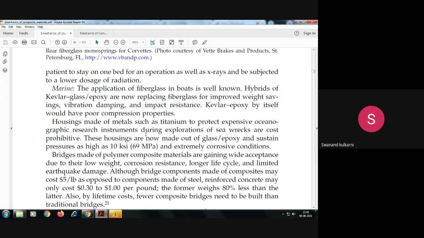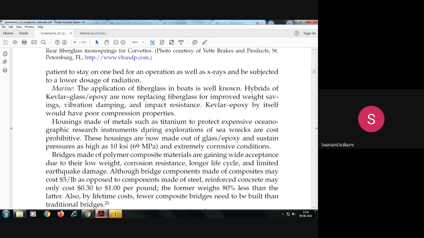We are going to observe the manufacturing processes of the composite material later on. During the manufacture of the composites, we will observe in detail how the composites are manufactured. But before that, from the application point of view, Kevlar glass epoxy is one hybrid composition, and the hybrids of Kevlar and glass which are inserted inside the epoxy are now replacing fiberglass for improved weight saving.